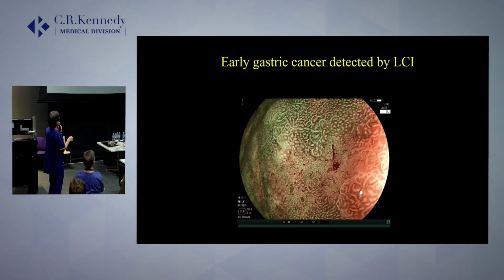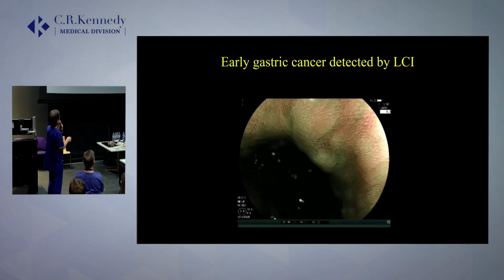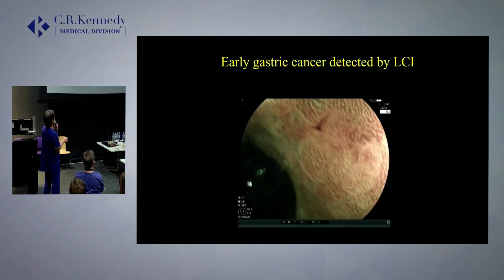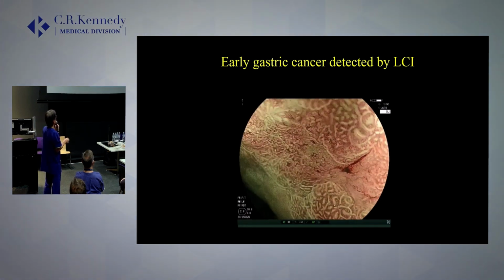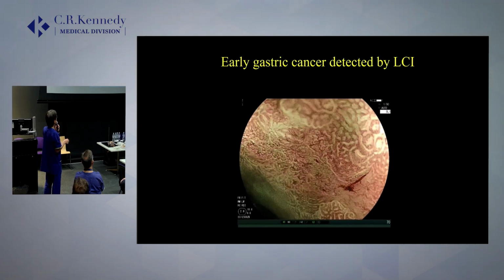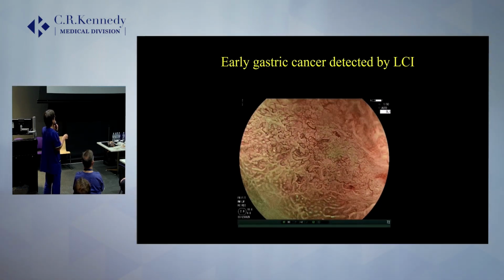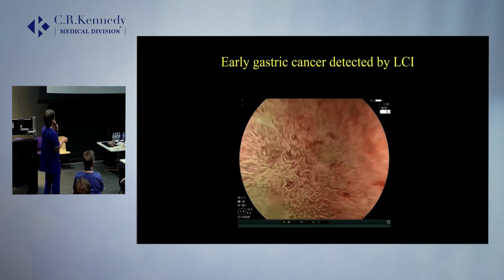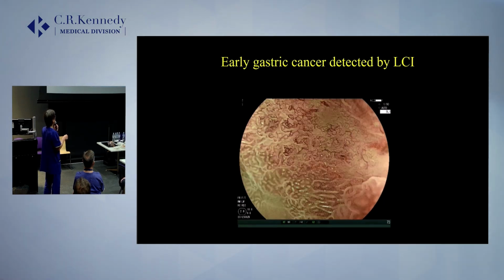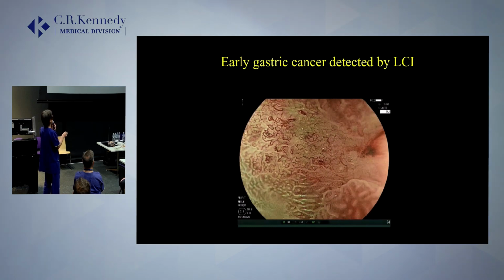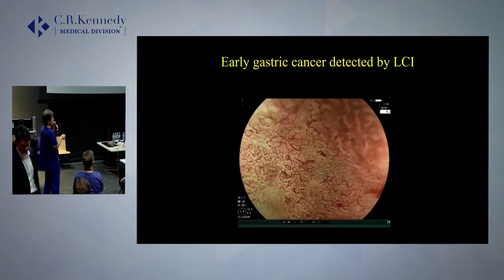And then this area has an irregular microvascular pattern. So there is the irregular microvascular pattern here. So clear demarcation between the surrounding mucosa, and this is the typical finding of early gastric cancer.